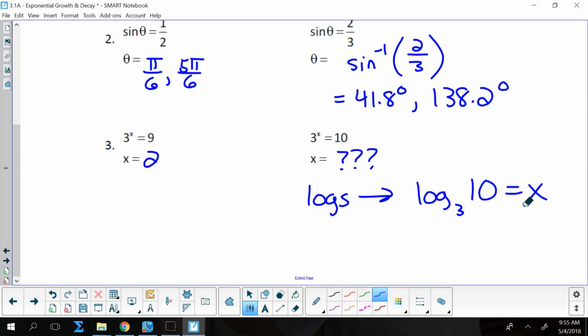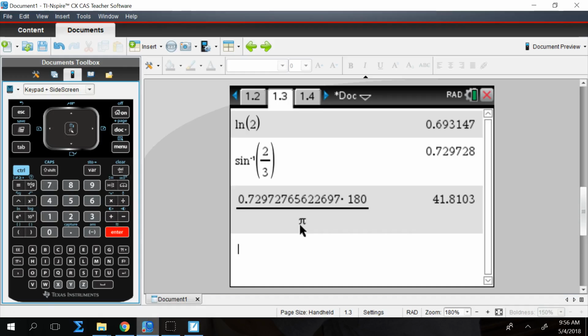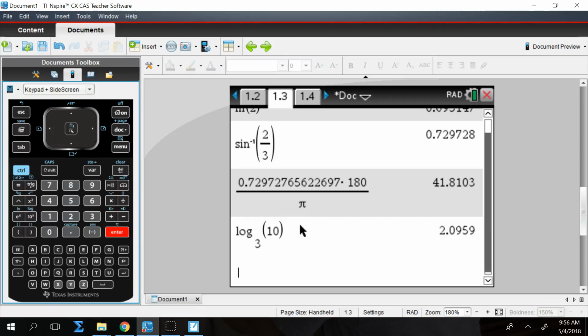Closer to 2. It should be like 2.05-ish or something like that, because it's the next one up. You would punch it in as log 10 divided by log 3 on that calculator, yes. On a grapher, I could just do log 3, 10, 2 point, oh, I was off.